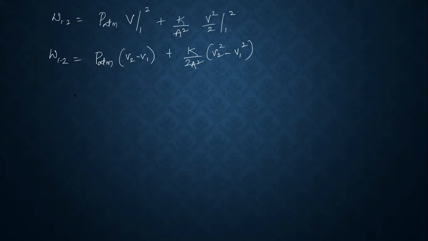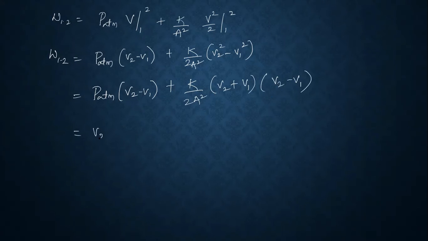Now, by looking at this expression, the second term, V2 square minus V1 square, is of the form A square minus B square. Therefore, it is A plus B into A minus B. Now I can take out V2 minus V1 as a common term from both the terms, and you remain with P atmosphere plus K divided by 2A square into (V2 plus V1).